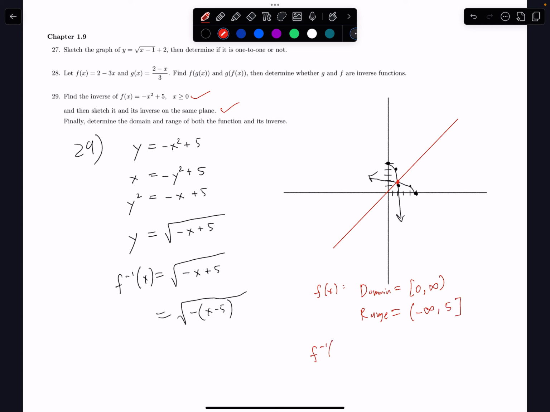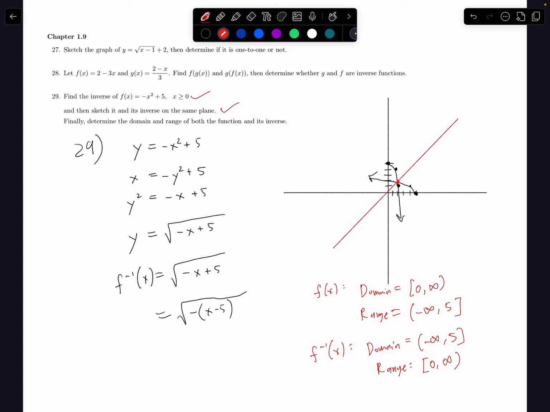Now that I've had that, I know without even doing any work, it should be reversed. The domain is going to be negative infinity to 5. And the range is going to be 0 to infinity. But let's check. Does that make sense?